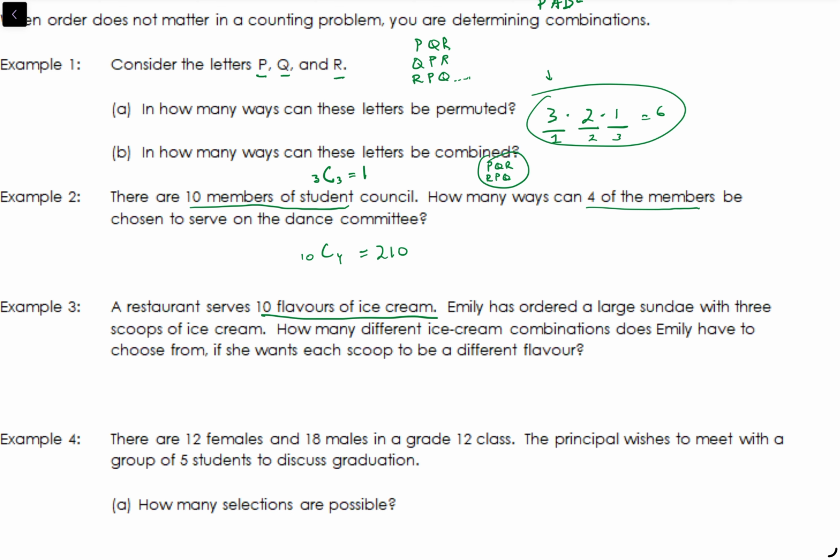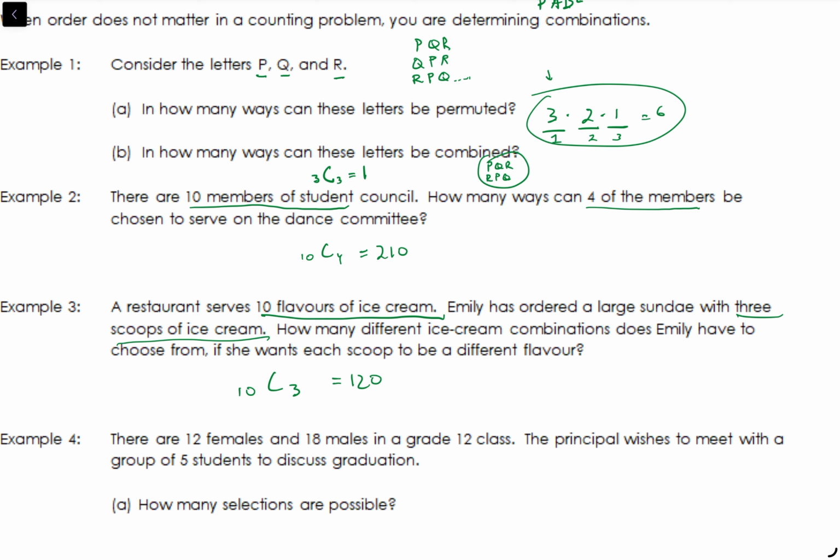We have 10 elements to choose from, and we're going to choose 3, so this is simply 10 choose 3. What I get is 120. So there are 120 different combinations.